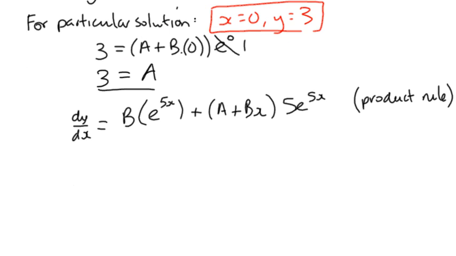Which we can then simplify a little bit. What have we got? Equals b times e to the 5x. We multiply that all out. Well, the a is 3, so let's just stick this in.